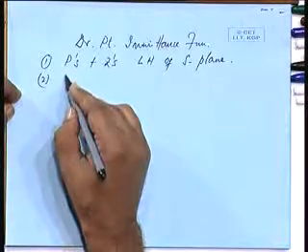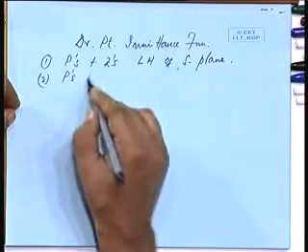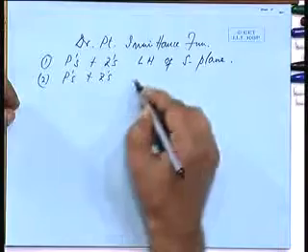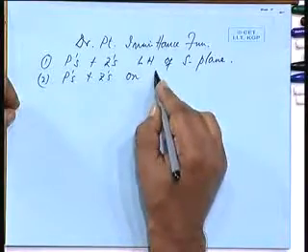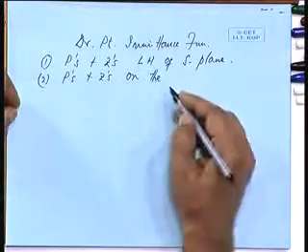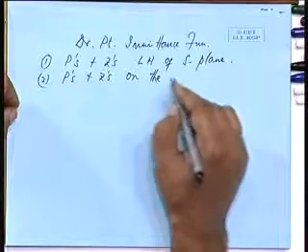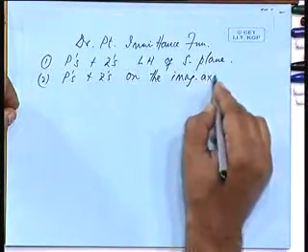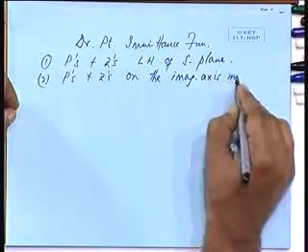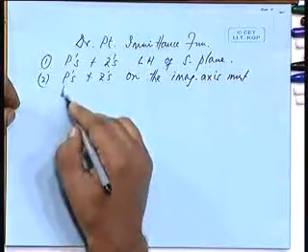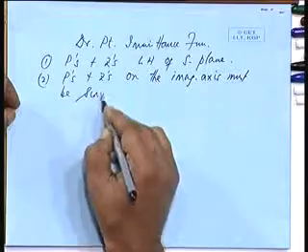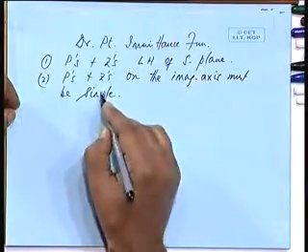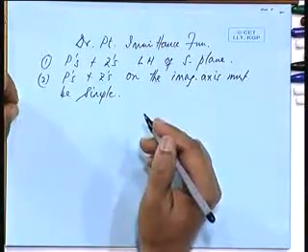Then poles and zeros on the imaginary axis must be simple. These are two very important properties.